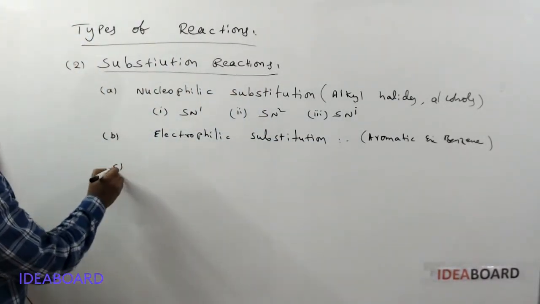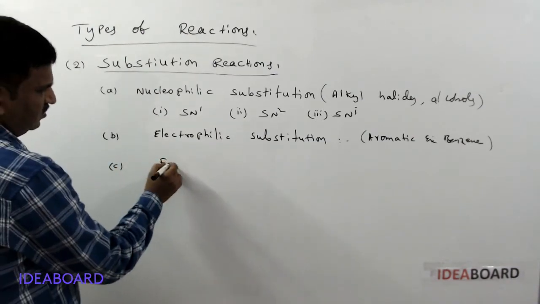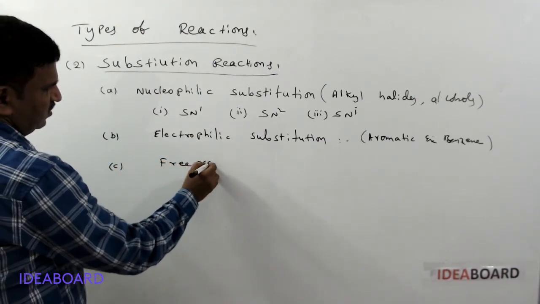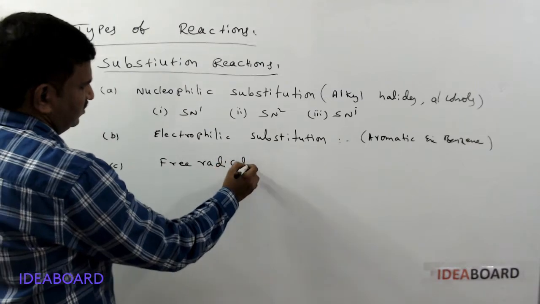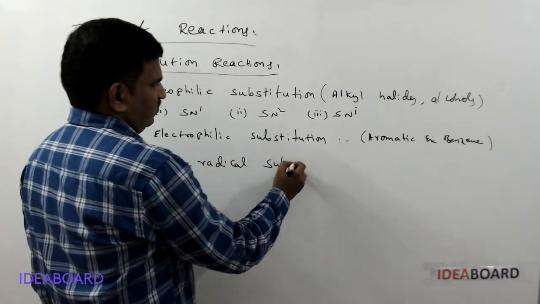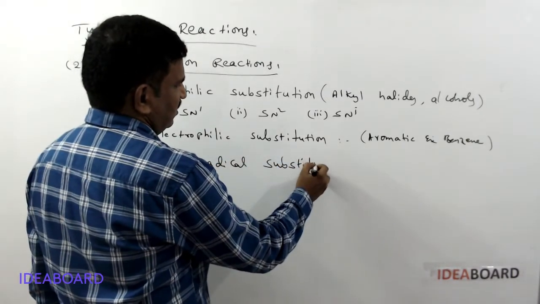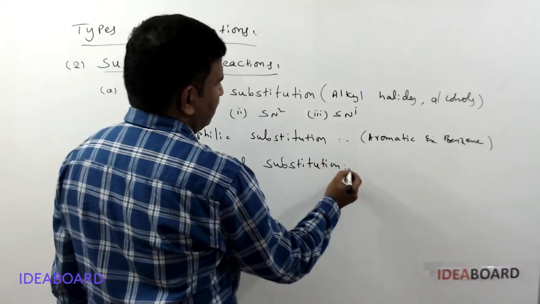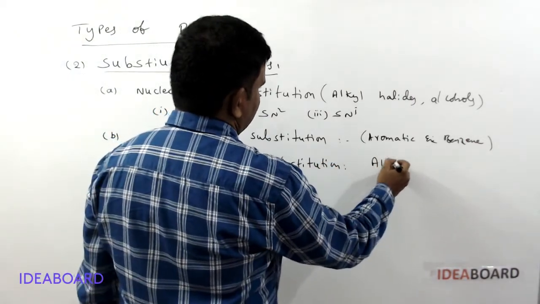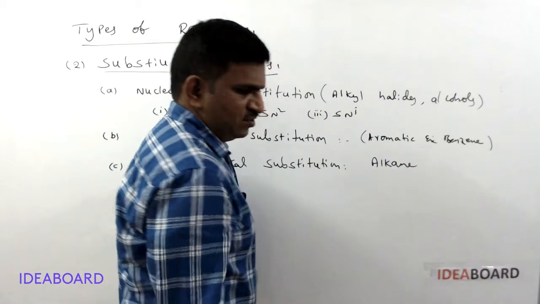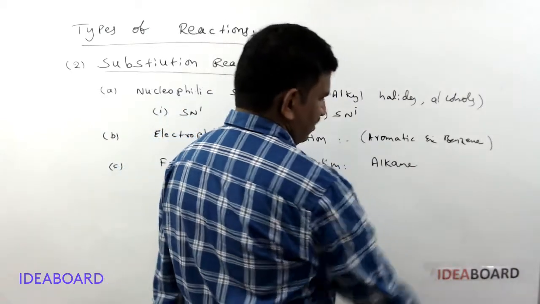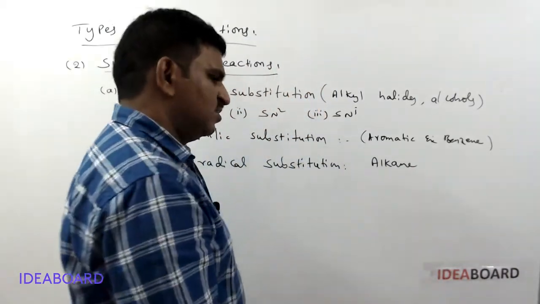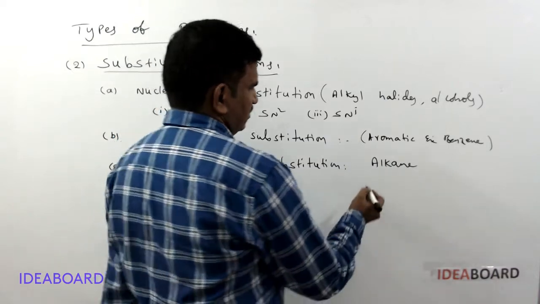The third type is free radical substitution reactions, mainly given by alkanes or alkyl benzenes. Halogenation, nitration, and sulfonation on alkanes occur through free radical substitution.